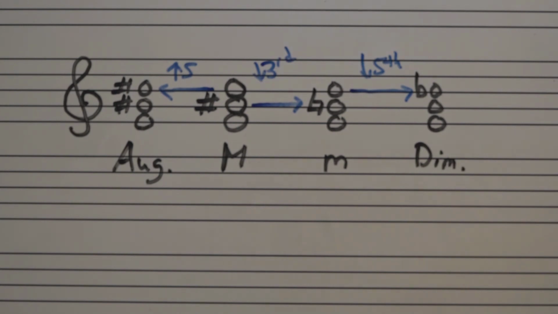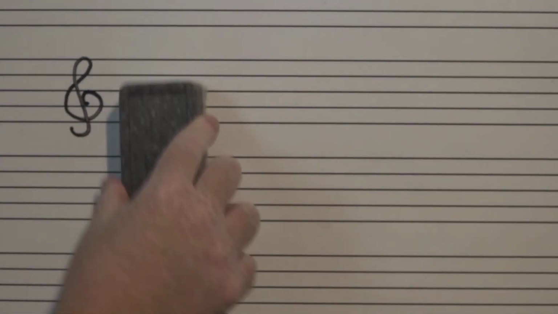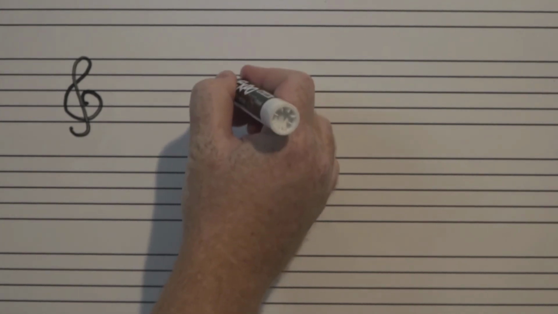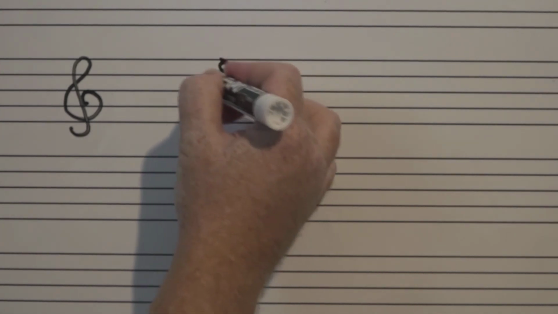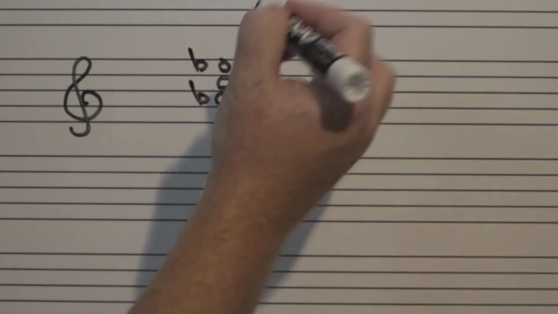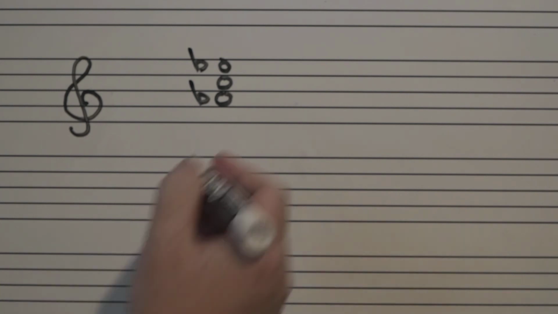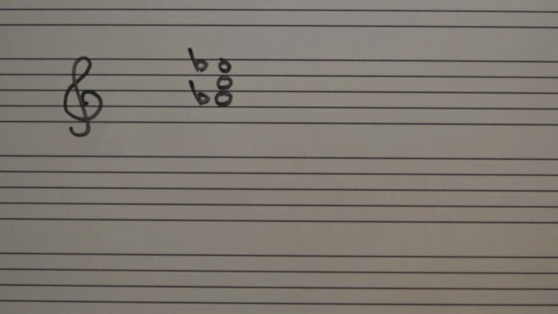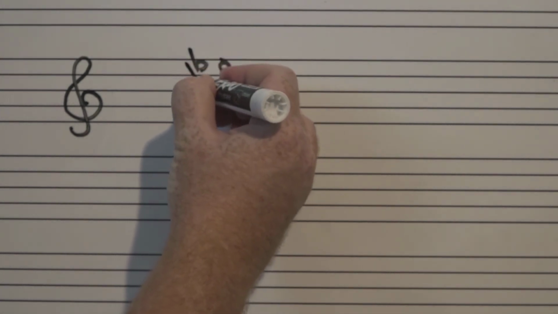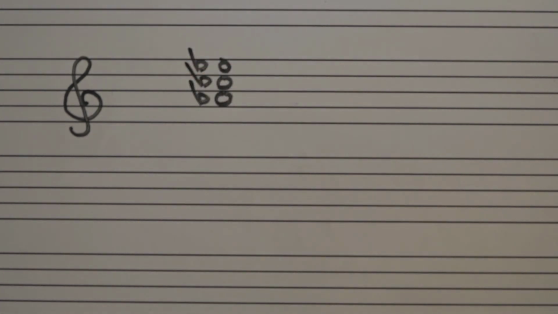Let's do one more, and we won't write out all 4, but we'll alter the major triad to be able to get to where we want to go. So let's go to A flat. And we know in our A flat major scale, there is also an E flat. So this is major, but what if we wanted to make that minor? There's major, lower the 3rd to get to minor.